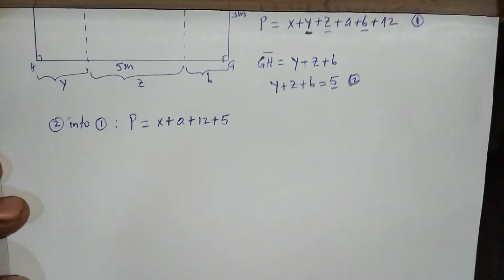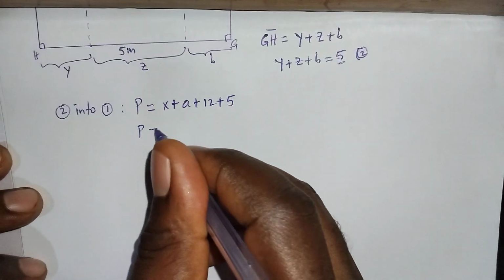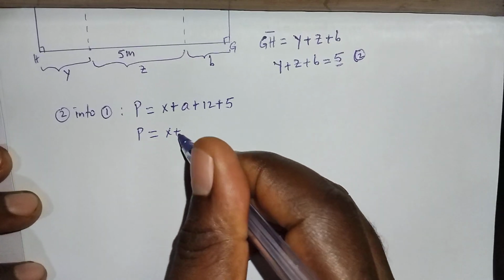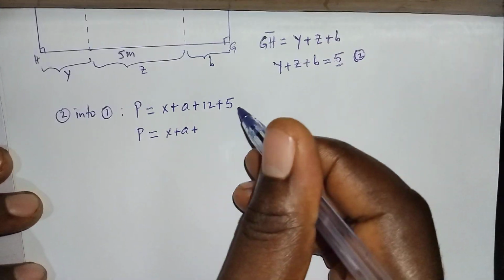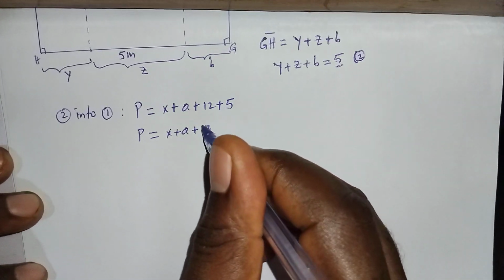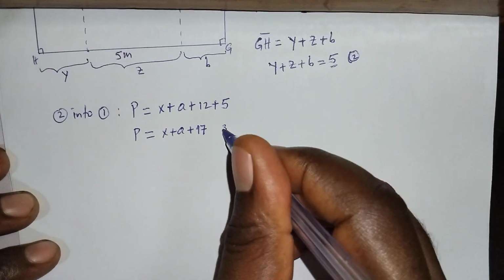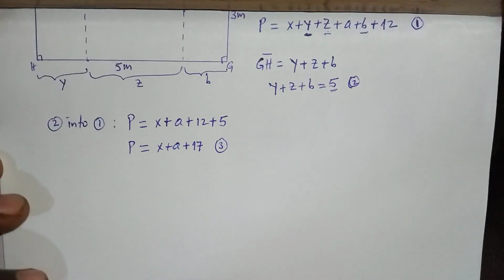Yes, so perimeter is equal to x plus a plus this 17. This is equation 3.